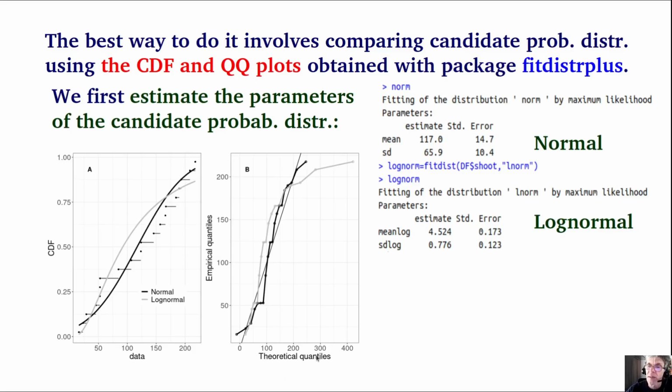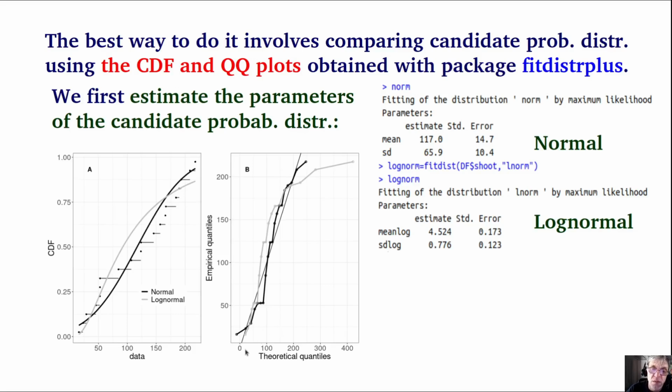The theoretical quantiles are generated as if the response variable were to have a normal distribution, and as if the response variable were to have a log normal distribution. The logic behind these QQ plots is that these two distributions, the empirical and the theoretical, should be identical if the distributions are the same.